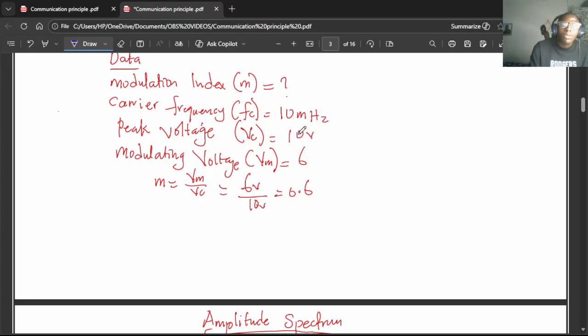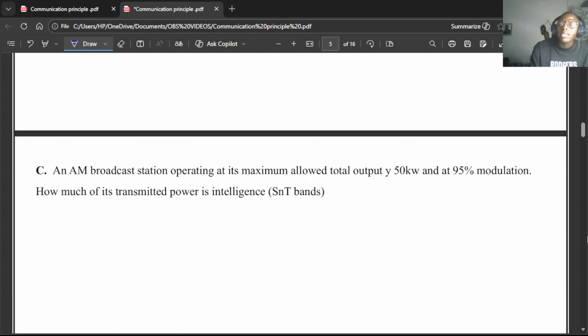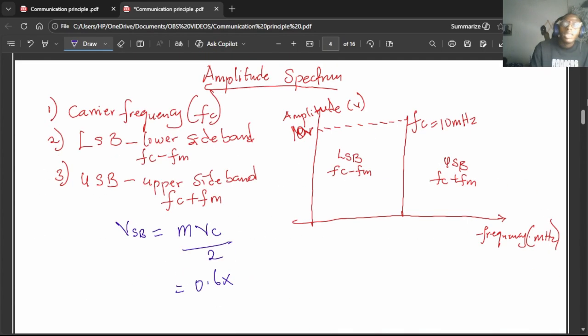Your VC is 10 volts. So you simply have 0.6 multiplied by 10 divided by 2. If you punch that into your calculator, this will give you 3 volts. So in essence, you have your VSB to be 3 volts.